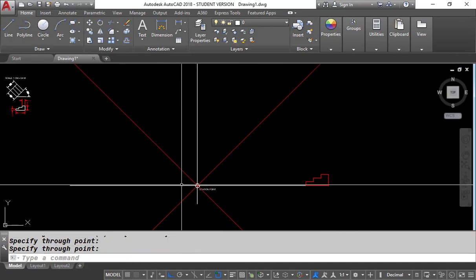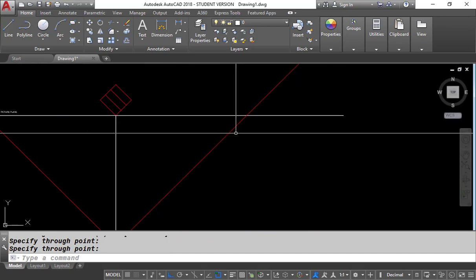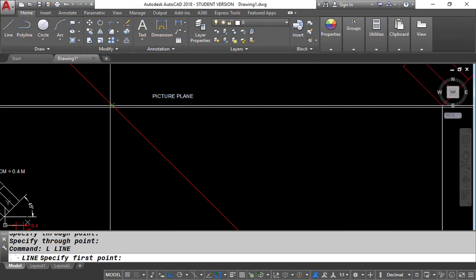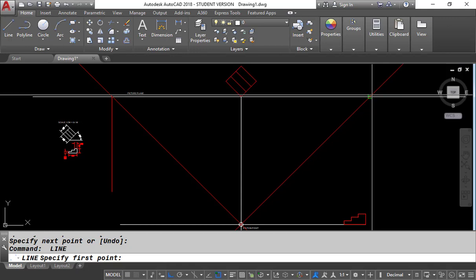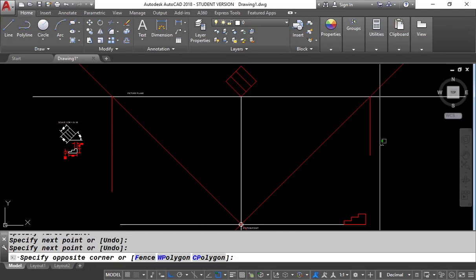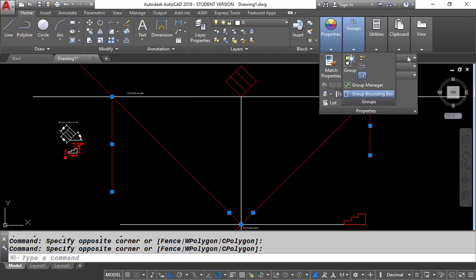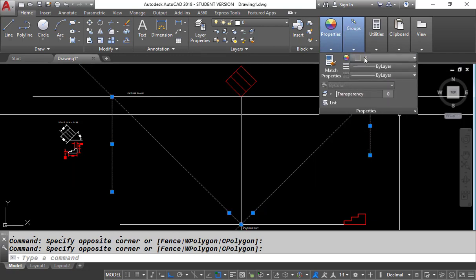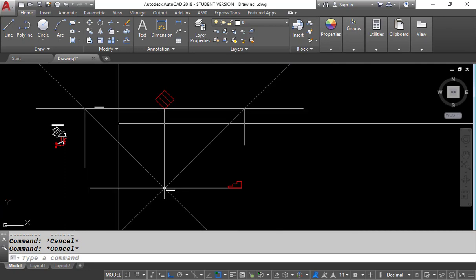Okay, so as you can see, this line is at 45 degree from the station point, and it is touching the picture plane, and from here I will draw the vertical line, and from here also I will draw the vertical line. Let us say these are the projection lines. I will change the color to a light color so that you will be able to understand. So these are the projection lines.